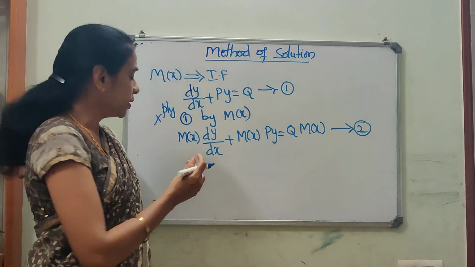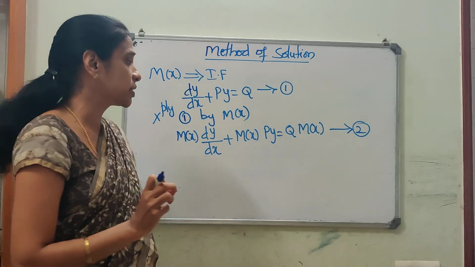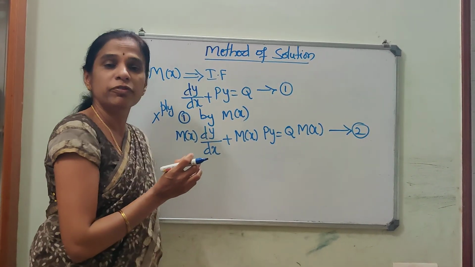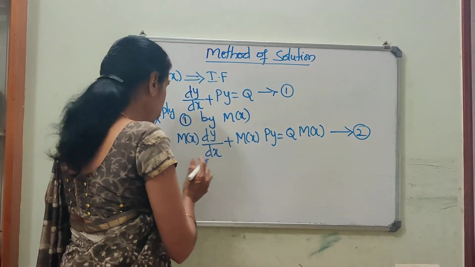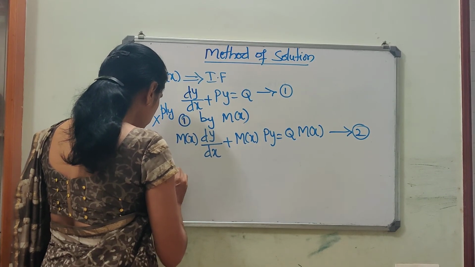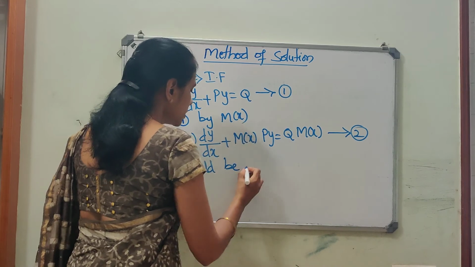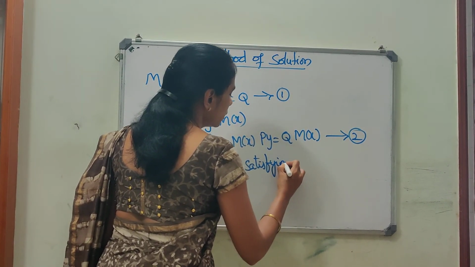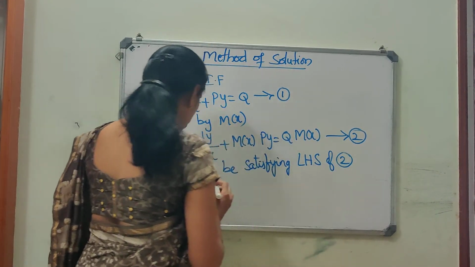So still now we don't know what this m of x is. We need to find this m of x. So let us put one condition on m of x. M of x should be in such a way that the LHS of equation 2 is satisfied by it. So how do you do that?